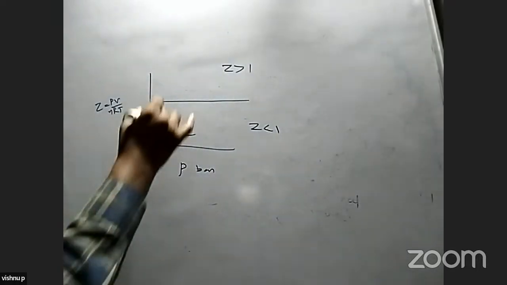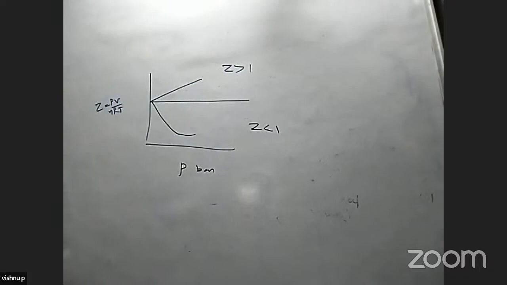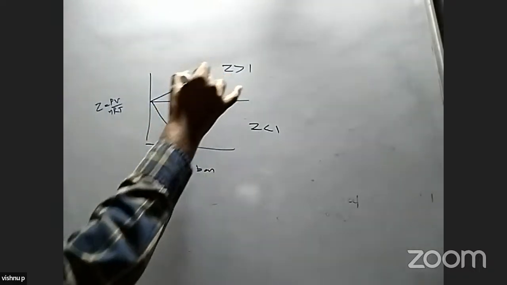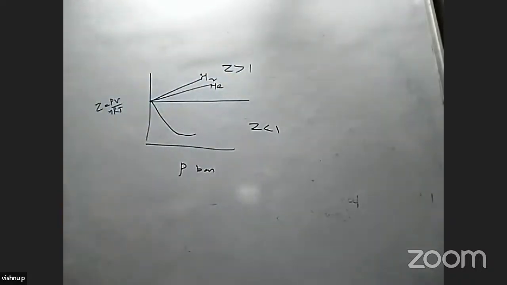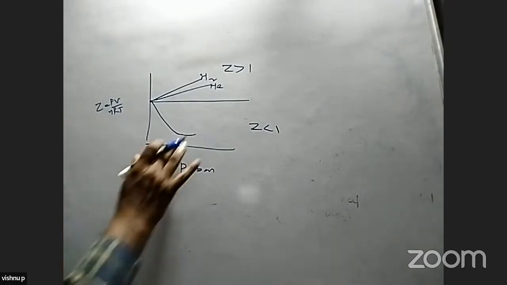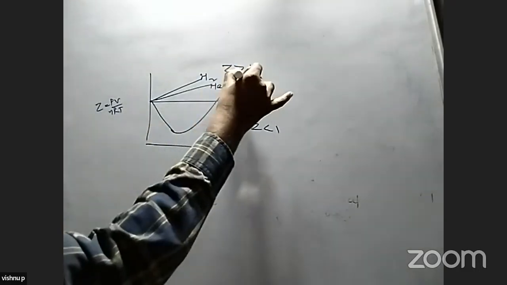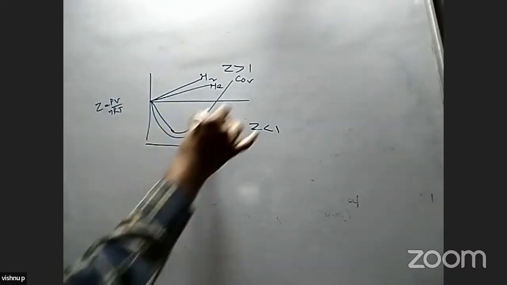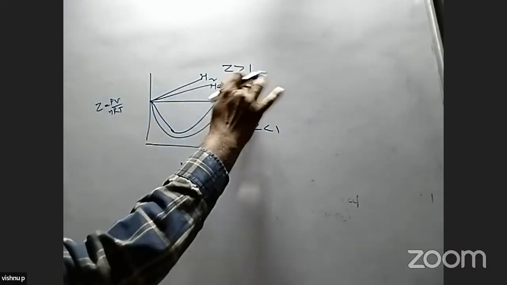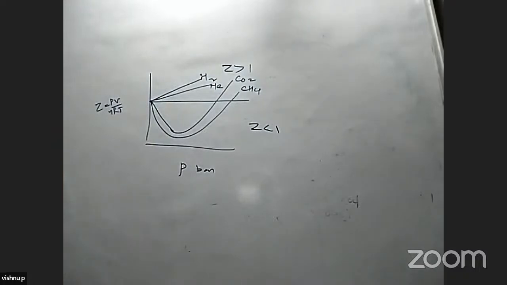A few gases like hydrogen gas and helium gas show Z greater than 1. Gases like CO2 or CH4 show negative deviation.